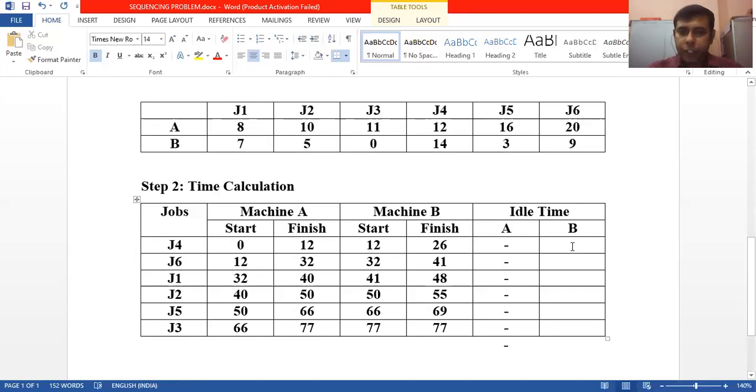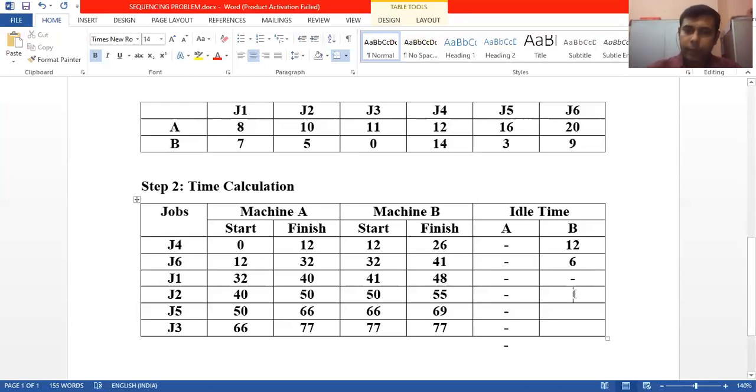So one more, coming to B. See, machine B has to wait till J4 is supplied by machine A. So therefore, it is keeping quiet for 12 hours. Next, machine B was ready at 26, but machine A supplied job 6 at 32 hours. So again, it was keeping quiet for 6 hours. Next, it is finishing at 41, it is starting at 41, so there is no idle time.